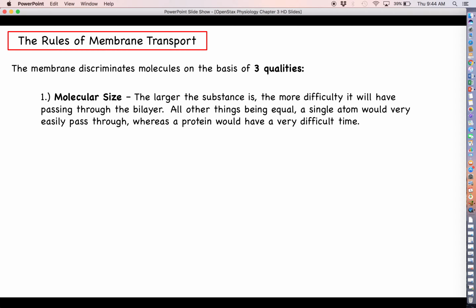have getting through. So if we're only discriminating on the basis of size, then an atom would have a very easy time getting through, whereas a big molecule like a protein or a nucleic acid would have a very, very difficult time getting through.